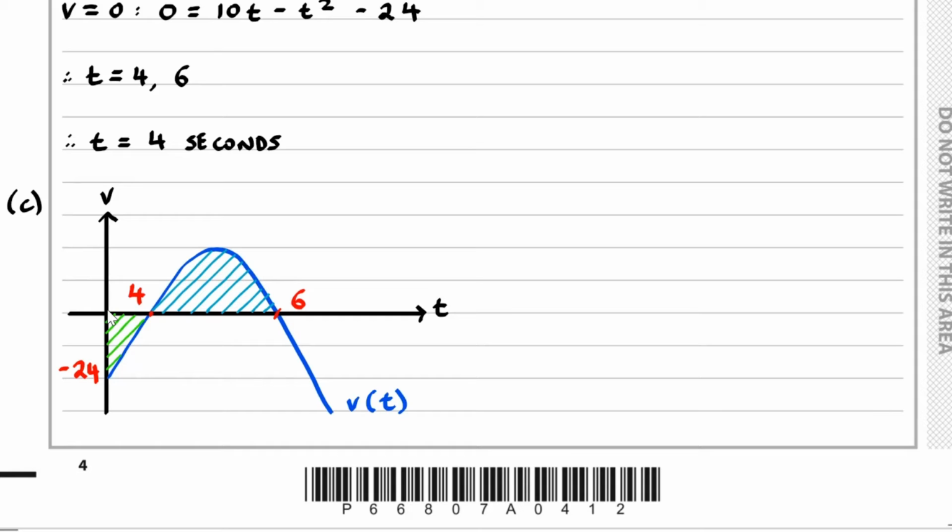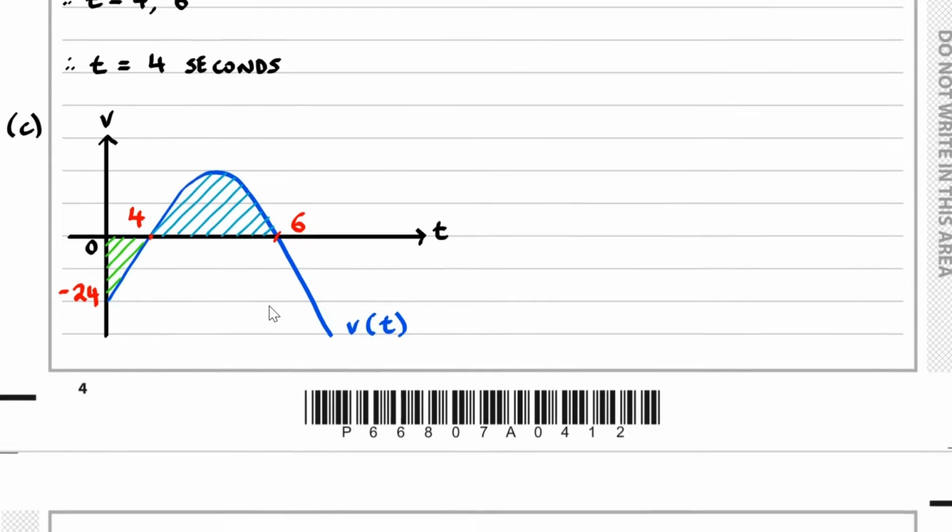If we integrate between 0 and 4, we'd have a negative value. That's because we are below the t-axis. This will tell us the displacement. Now we want the distance, so we need the absolute value of that, and then integrating between 4 and 6 will give us a positive value.